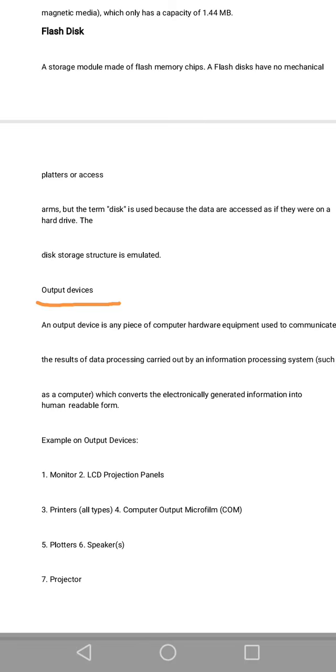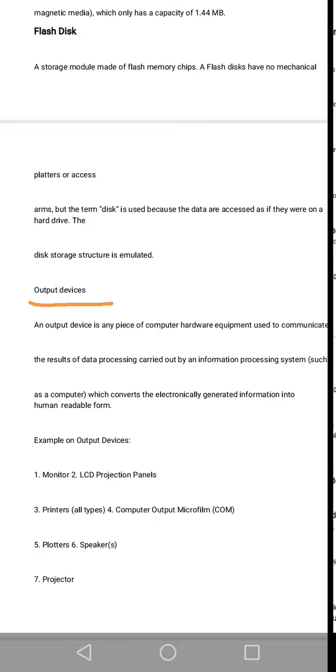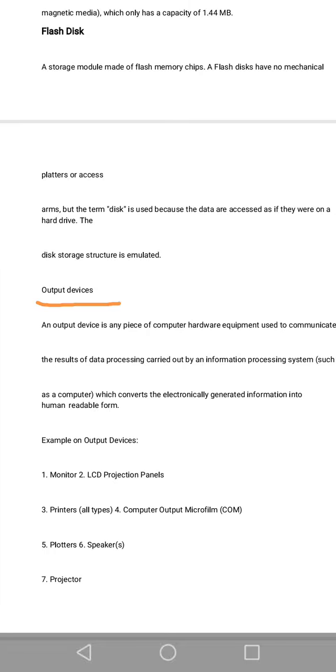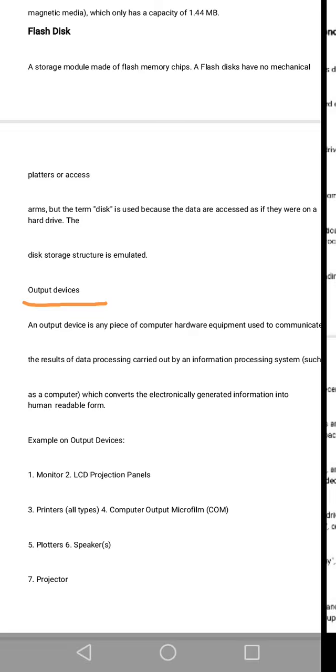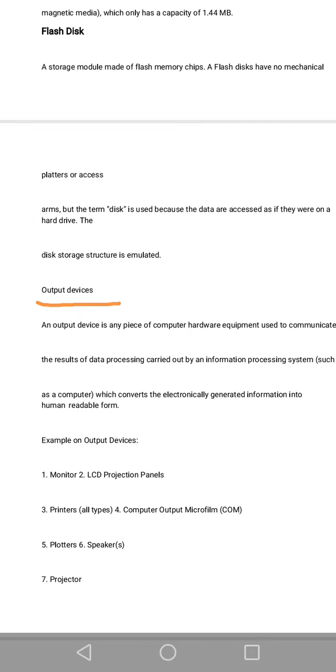Next, we discuss output devices. Output devices are devices that show the result. An output device is any piece of computer hardware equipment used to communicate the result of processing carried out by an information processing system.